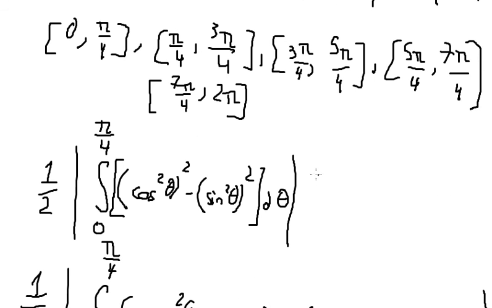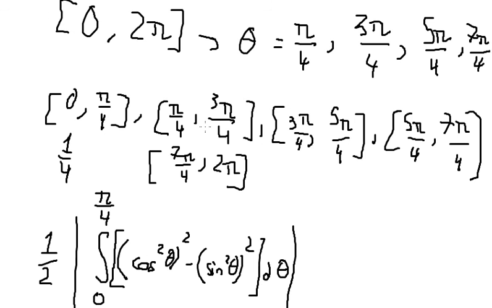Now we can use the same technique to calculate about this one, this one, this one, and this one. So for the first one, we just have only 1 over 4. So this one we will have about 1 over 2, 1 over 2, 1 over 2, and 1 over 4.